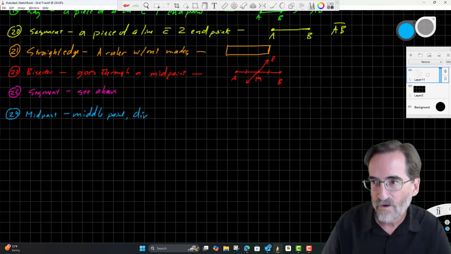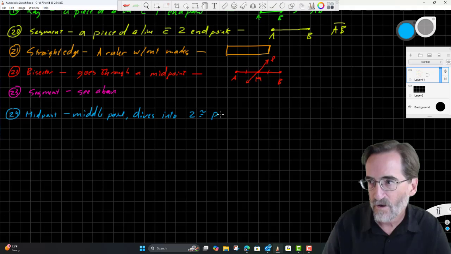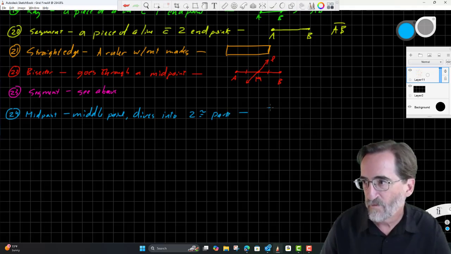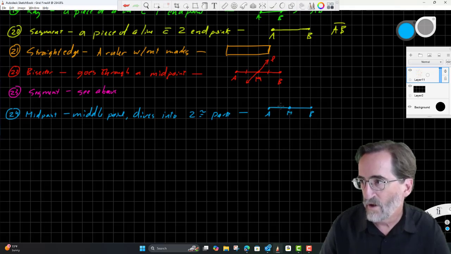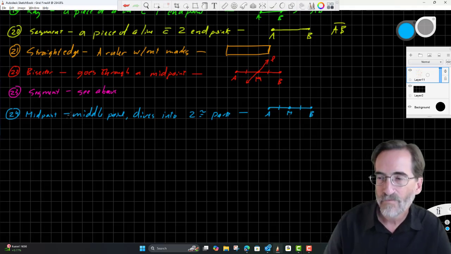Divides into two congruent parts. Example, A, B, and M, where AM is congruent to MB. Midpoint.